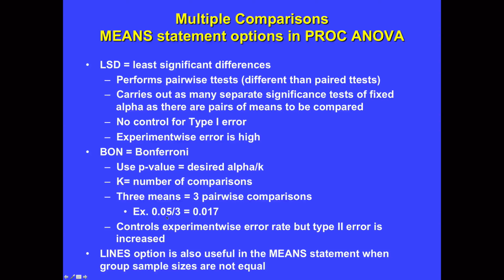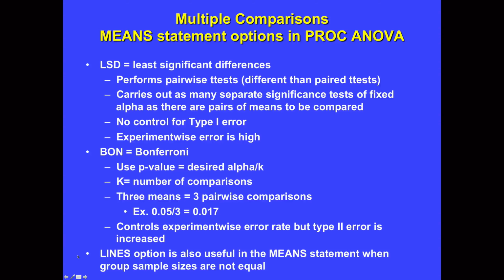So with an alpha of 0.05 and three comparisons, it's going to only reject the null hypothesis when the p-value is less than 0.017. And the Bonferroni will control the experiment-wise error rate, but type 2 error is increased. In other words, you're much more likely to not reject a null hypothesis that should be rejected.